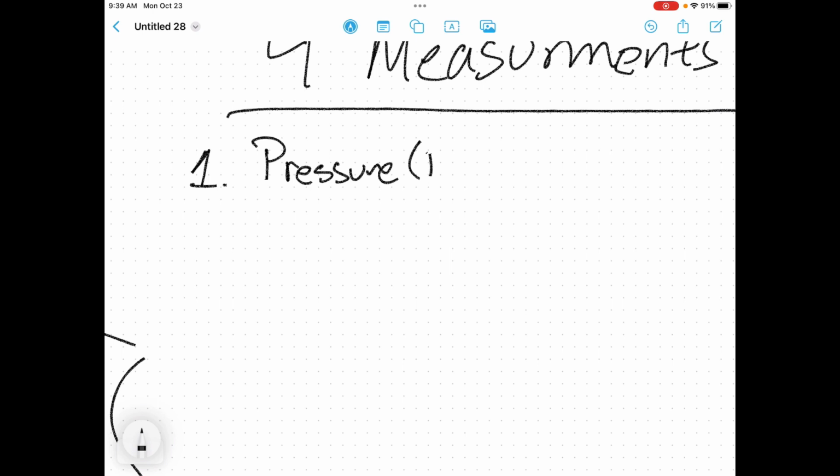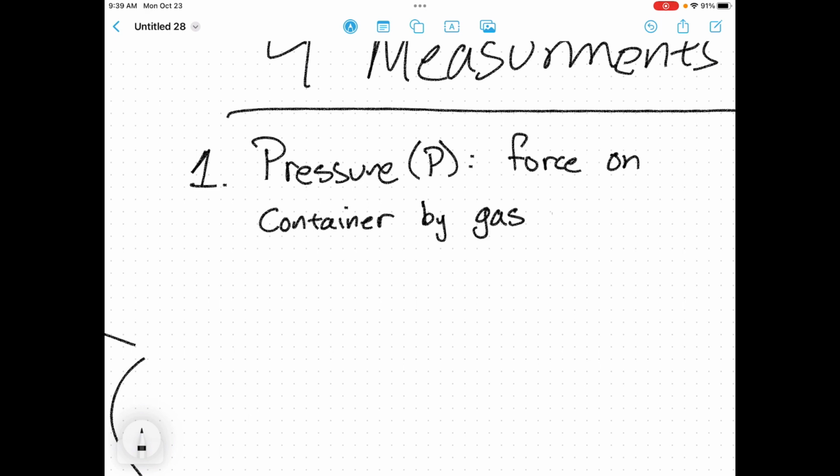So pressure, we'll usually use the variable P. And again, essentially pressure is the force on the container by the gas inside.